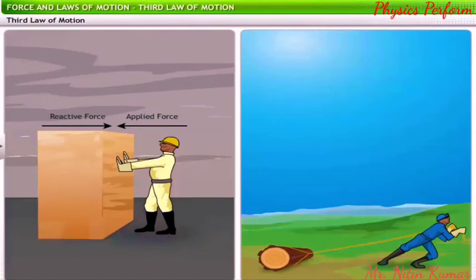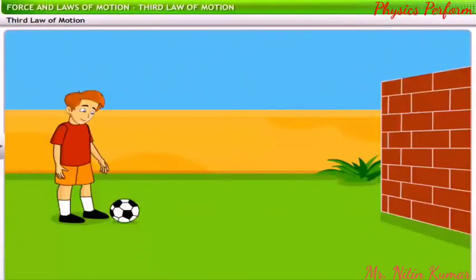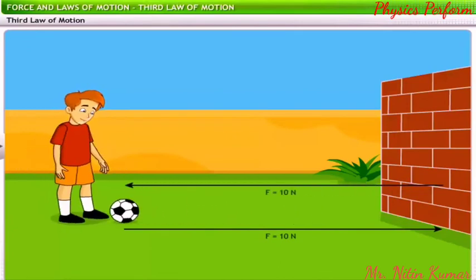According to this law, if we push an object, it pushes us back. And if we pull it, it pulls back with a force of equal magnitude. Let's revisit the situations we observed at the beginning of this lesson. The boy kicks the ball to the wall, say, with a force of 10 Newton.